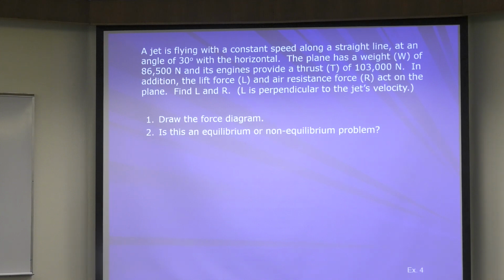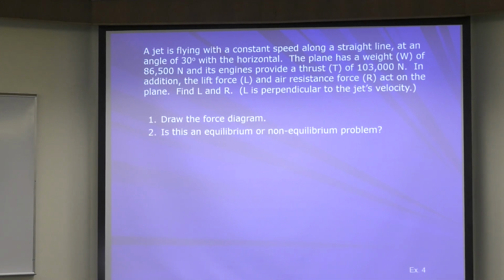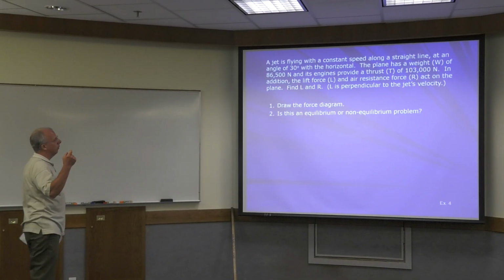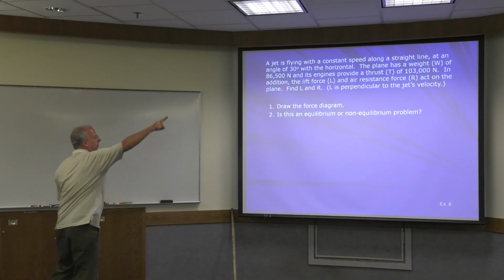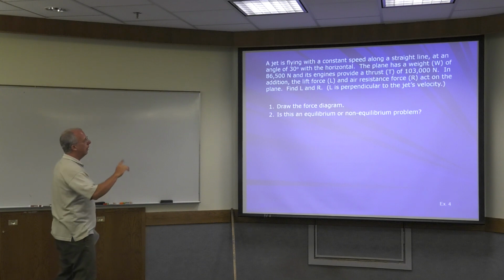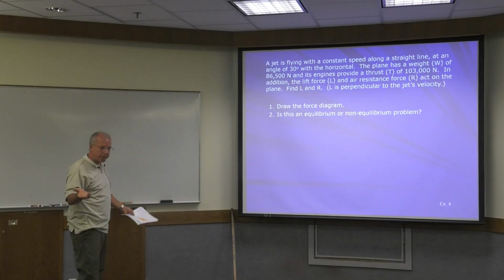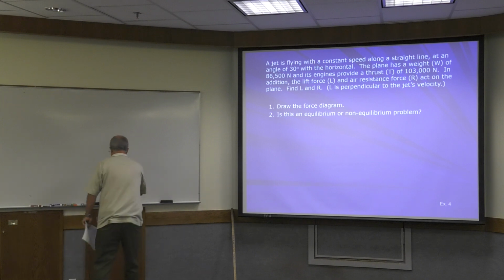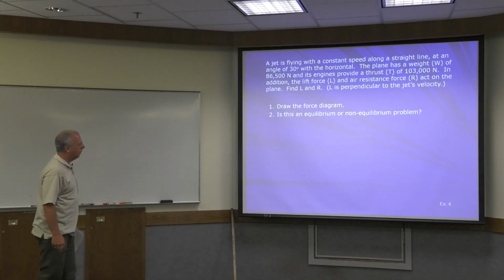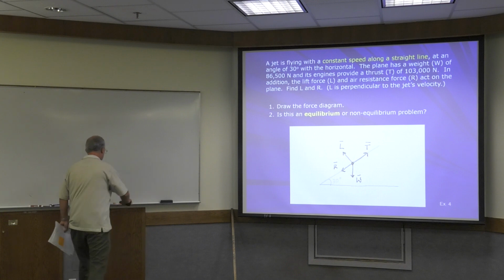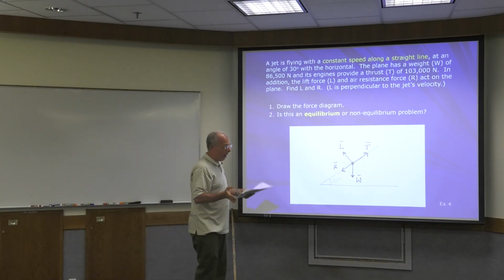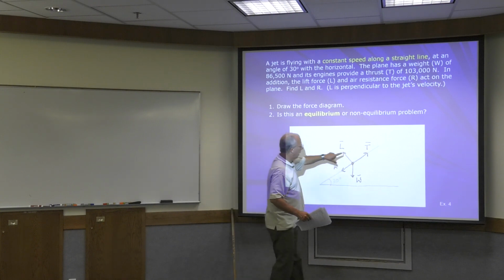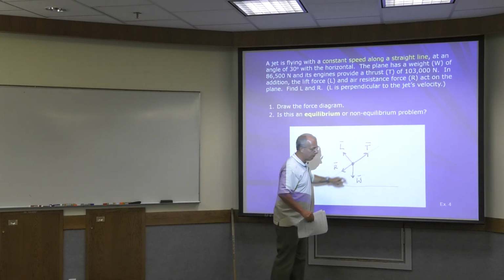Okay, so what are the forces? So weight, down, the thrust in the direction of the velocity, the lift perpendicular to the velocity, and the resistance is always opposite to the velocity. So there you go. All right, now by the way, I don't think it's worthwhile being super picky about the magnitudes of these vectors.